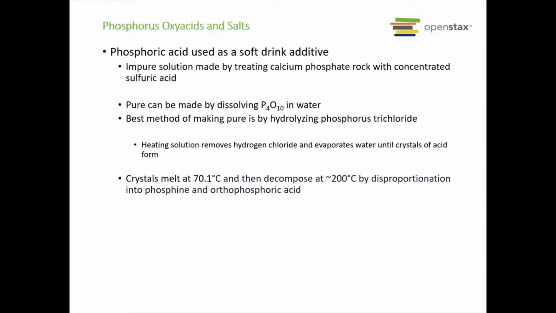It's not very pure this way, but you can purify it, or you can also get a more pure product by dissolving P4O10 in water. But the best way to make it is to hydrolyze phosphorus trichloride.